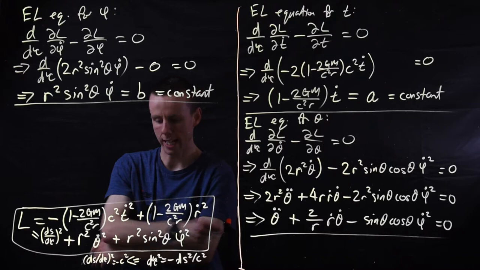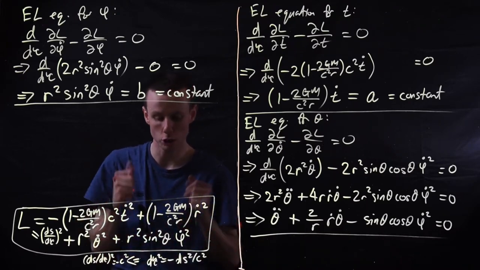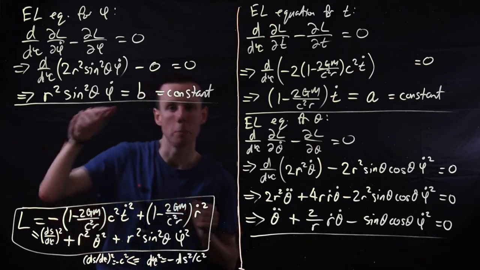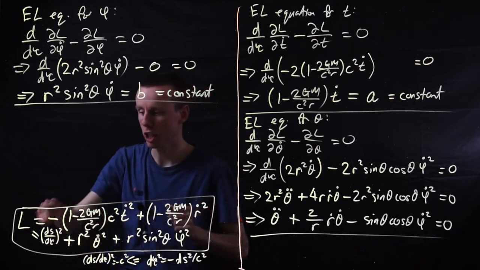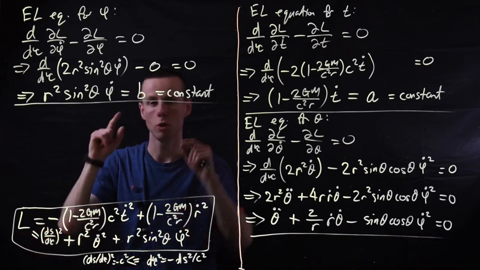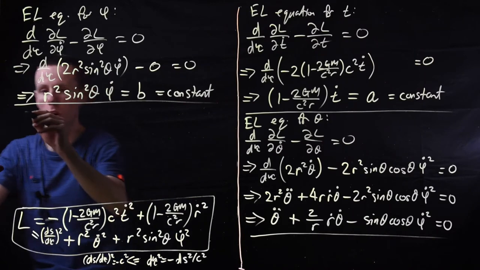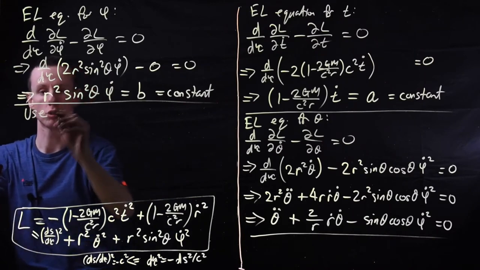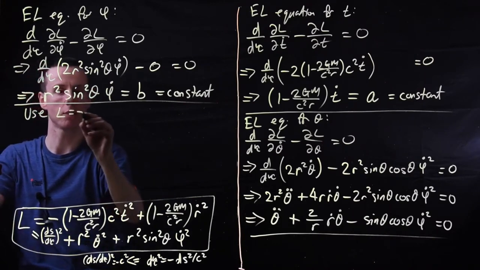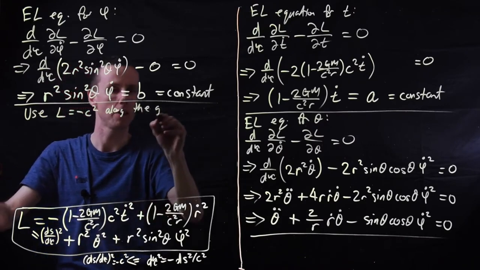So what I'm saying is, if you choose your parameter of the geodesic to be the proper time, tau, then along the path of the geodesic, the Lagrangian itself will be equal to minus c squared. So for r, instead of using the Euler-Lagrange equation, we use that L is equal to minus c squared along the geodesic path.